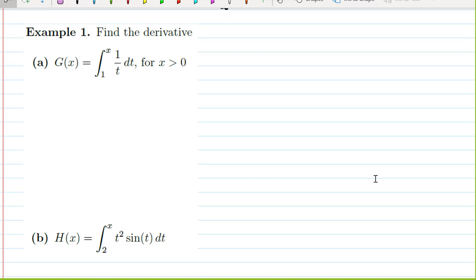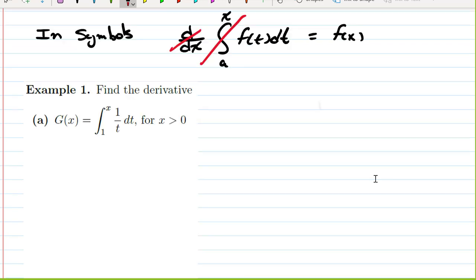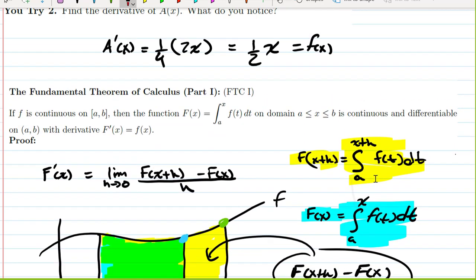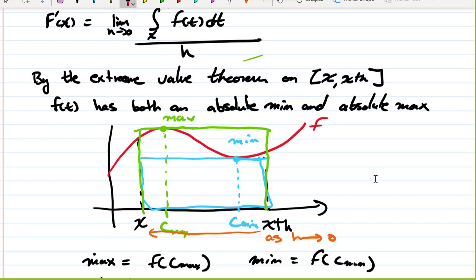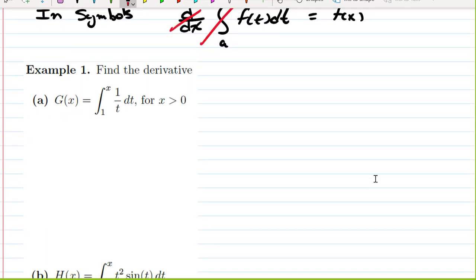So this is basically the setup for the fundamental theorem of calculus part 1, right? We have a function defined as an integral. We just have to check, is our function continuous and differentiable on interval a, b? If so, then the derivative is just equal to the integrand evaluated at the upper limit of integration.